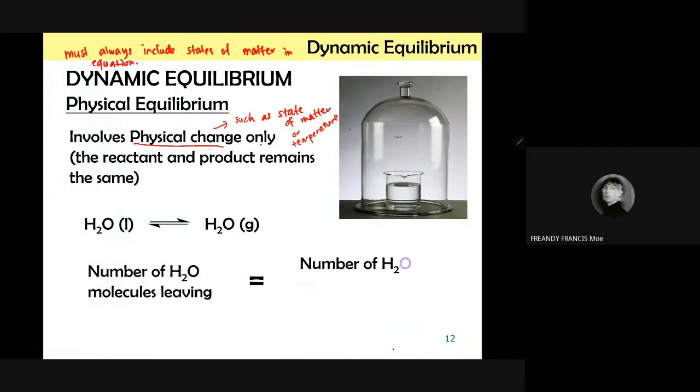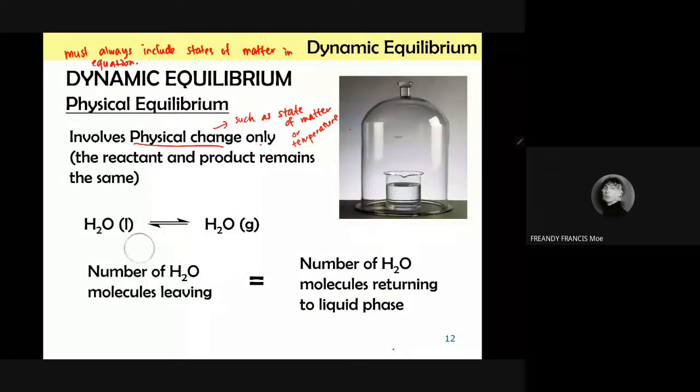So apabila dia dah capai equilibrium itu, number of H2O molecules leaving the glass equals to the number of H2O returning to liquid phase. Sebab itu kalau kita biar tertutup, kita akan nampak nanti dekat permukaan dia akan ada wap air, dia akan basah. Dia akan macam ada condensation dekat situ. Sebab dia punya liquid akan jadi gas dan gas tu akan jadi liquid balik.